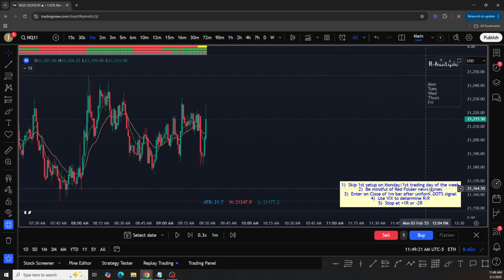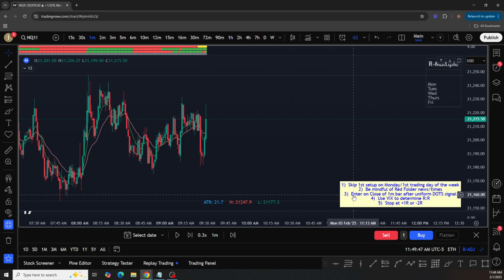Being mindful of red folder news times, if there is red folder news at 9:45, I will skip any setups from market open 9:30 to 9:45, and I'll be cool to trade after. If it's 10 a.m., the half hour, I'm more keen to take setups, but if a setup happens at like 9:55 and there's red folder news at 10, I'm probably more inclined to skip it.